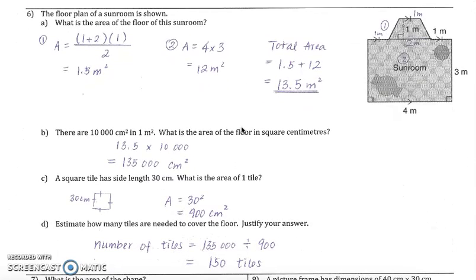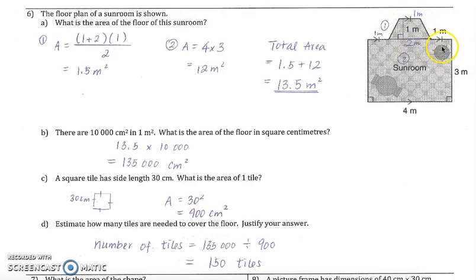Question 6. The floor plan of a sunroom is shown. What is the area of the floor in this sunroom? Well, the sunroom area is made up of a trapezoid at the top and a rectangle at the bottom. Let's see how long each side of the trapezoid is.